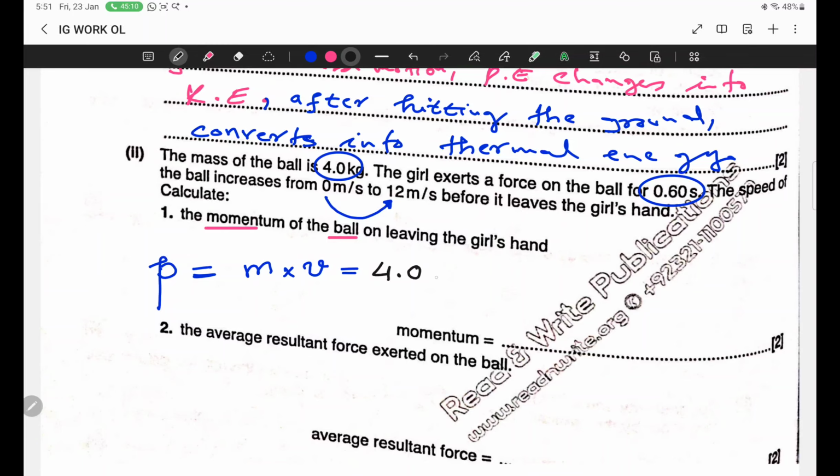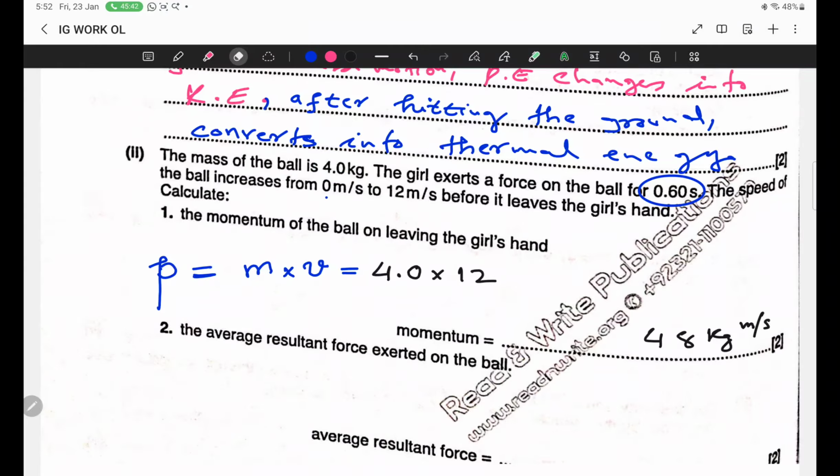Mass is 4 kg. Velocity is 12 meter per second. So 12 fours are 48. So the momentum of the ball is 48. The unit of mass is kg and the unit of velocity is meter per second, so the unit of momentum is kg meter per second.